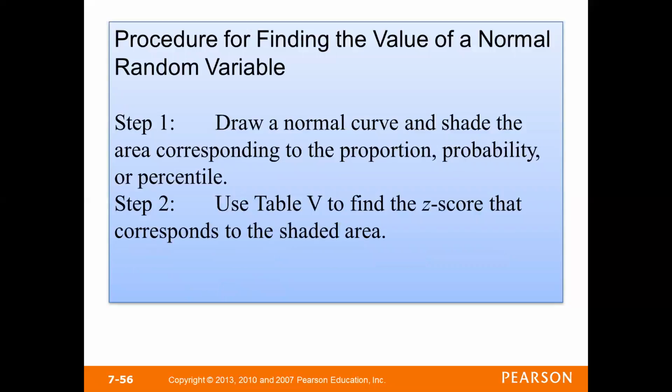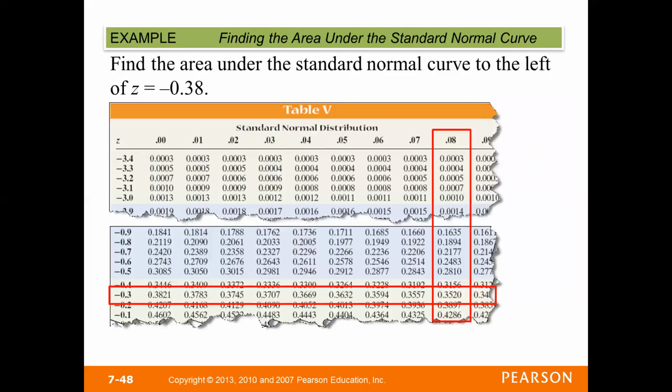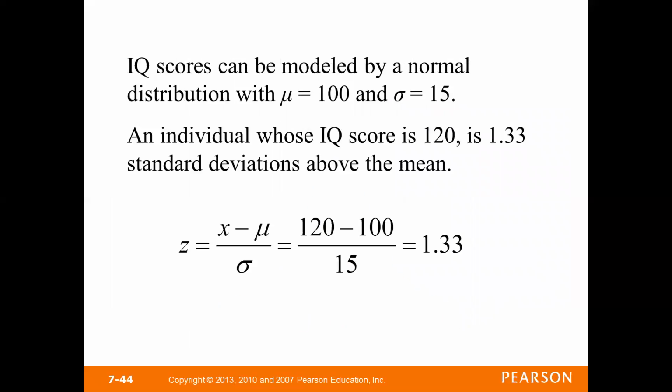We've been using this formula to find z. So we are given information about the observed value, a mean, and a standard deviation. We're calculating a z-score, then looking that z-score up in a table and finding a probability.